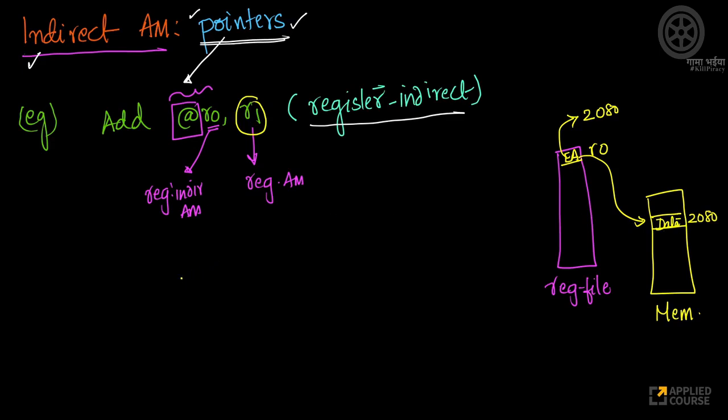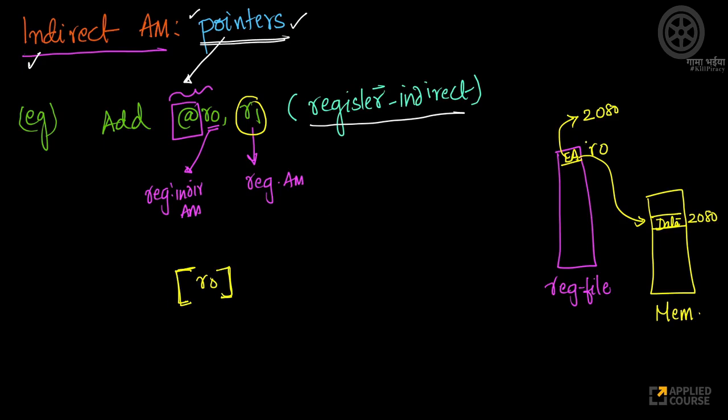Okay, so the way it will work is, look at R0. What is the value stored in R0, right? So let's assume R0 contains 2080. We know that the squared braces mean the data stored in this memory location, right? What is the memory location? Memory location is the value of R0 itself.